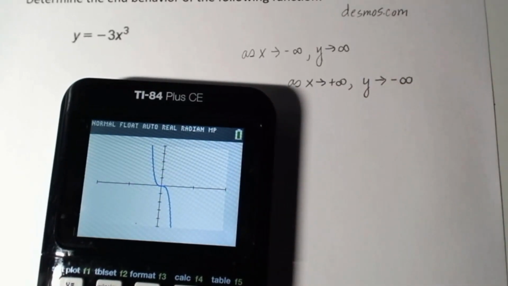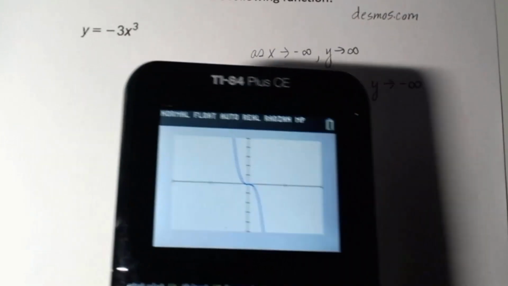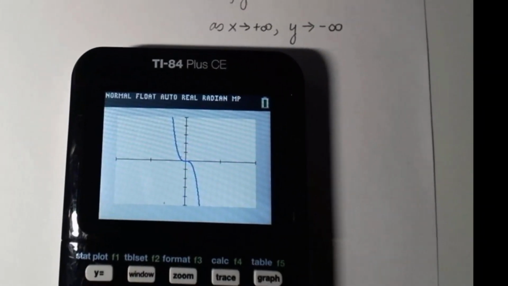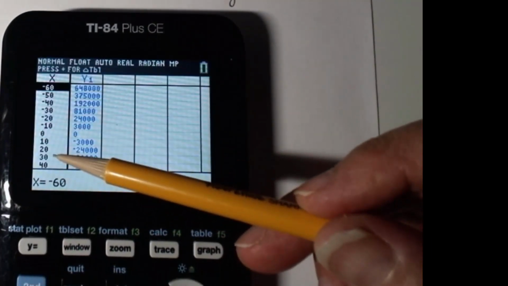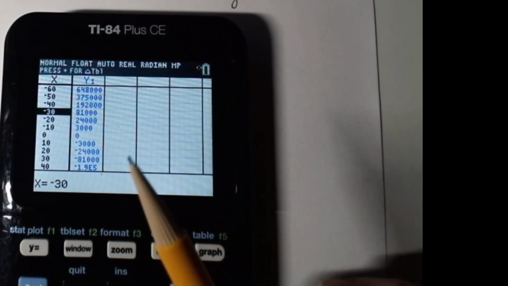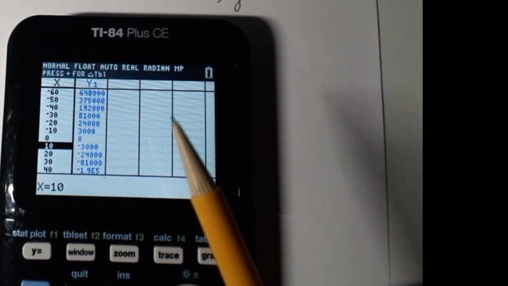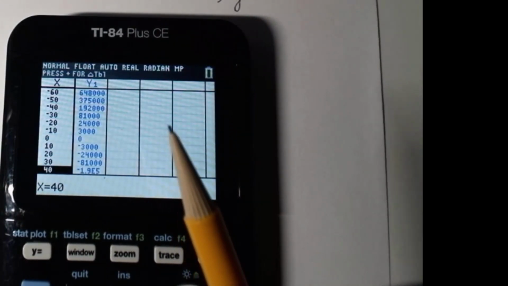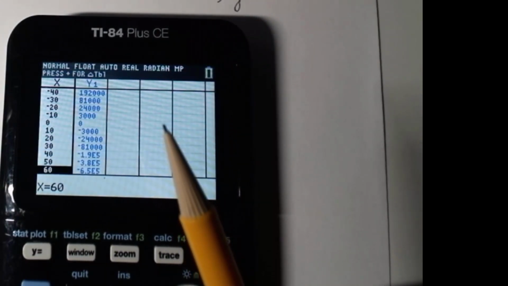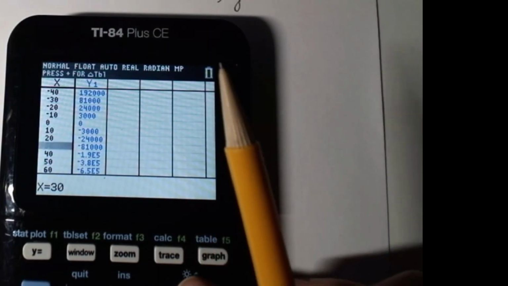Okay, so again, let's check our table. Let's see what the values say. And so notice here, as I scroll down here, that as my x's are getting larger, right, they're going from 10 to 20 to 30 to 40 and so on, right? What's happening over here to the y's?